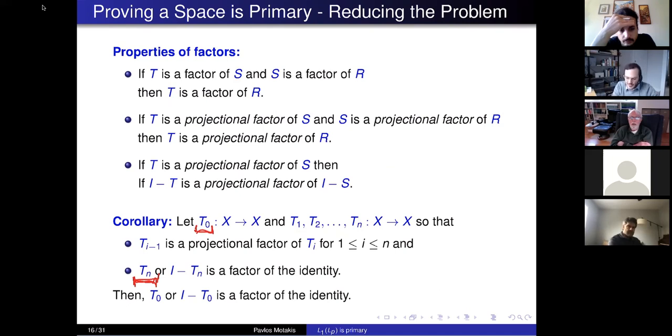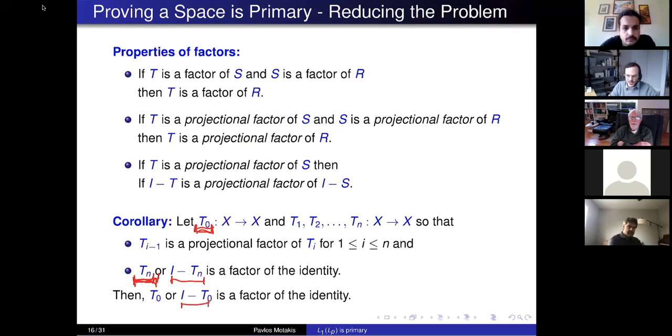If on the other hand, I minus Tn is a factor of the identity, then by transitivity of projectional factors, T0 is a projectional factor of Tn, so I minus T0 is a projectional factor of I minus Tn. Therefore I can say about I minus T0 that it is a factor of the identity.